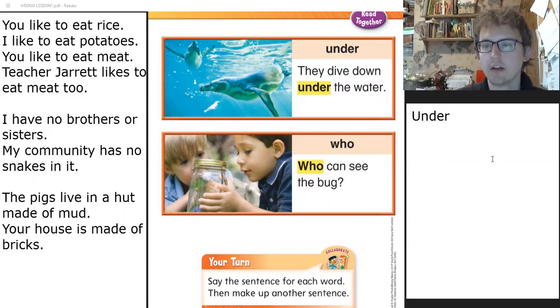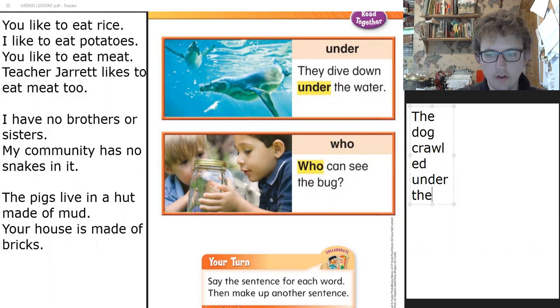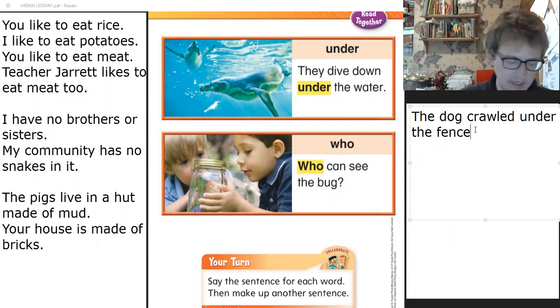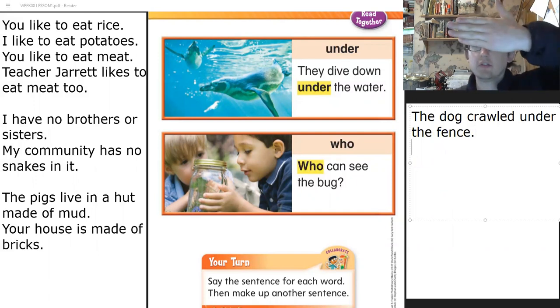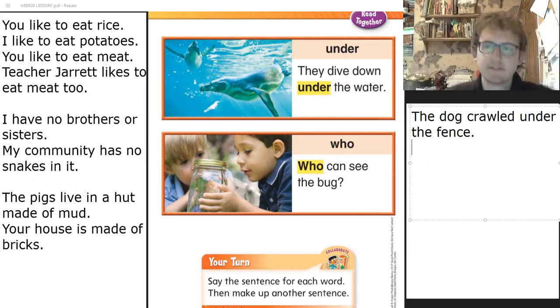So one sentence we can say is, the dog crawled under the fence, right? So we have a fence, and the dog crawled under the fence, right?